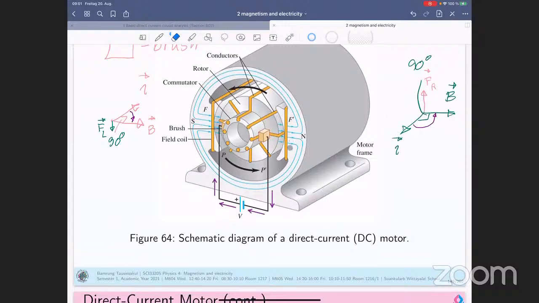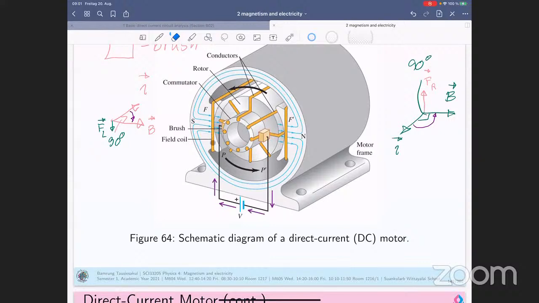And according to the Biot-Savart formula, B equals mu 0 I divided by 2 pi R, or 2 pi D, right? You can compute the magnetic flux density from this loop, this other group of coils apart from the coils inside the rotor.